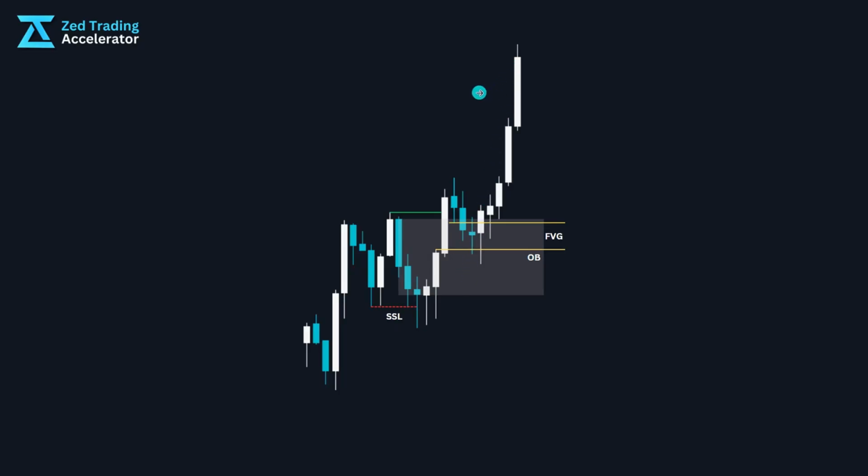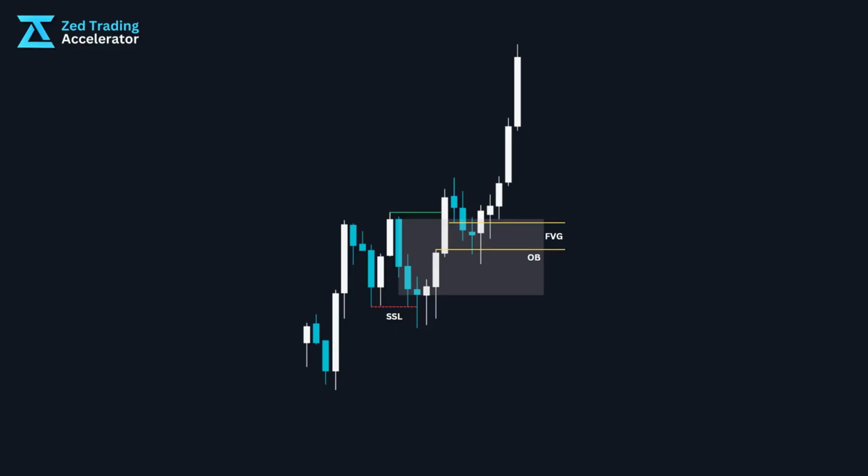Once again, as we can see, this down candle took out this sell side liquidity. Alright? When we are bullish, down close candles are potential order blocks. But since we took out this swing low and displaced higher, this is now a very high probability setup.